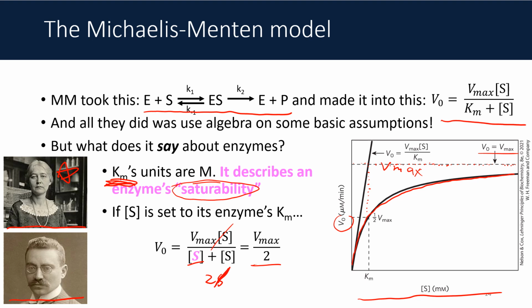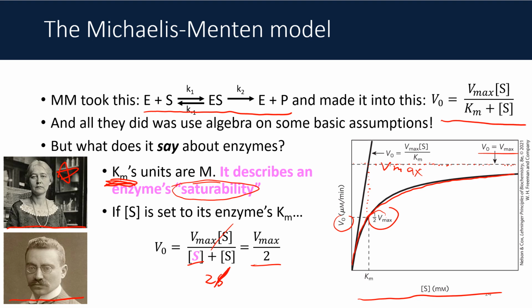So the instantaneous velocity of a solution that has a substrate concentration equal to Km will give us a speed that is 1/2 of the maximum. Rewind that and try to work that through yourself. It's a little bit of a tricky concept at first blush, but it's really crucial. Km is the amount of S needed to reach 1/2 Vmax.